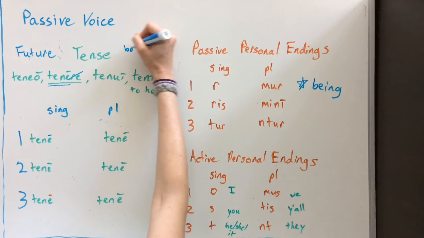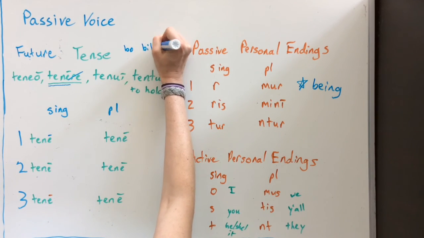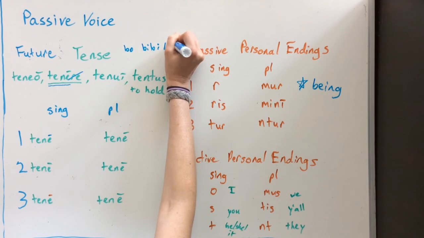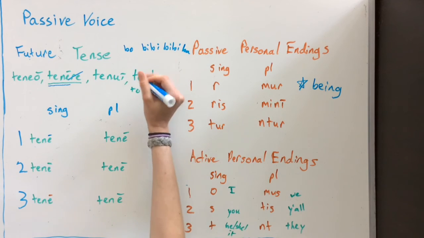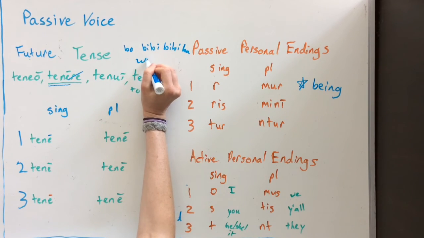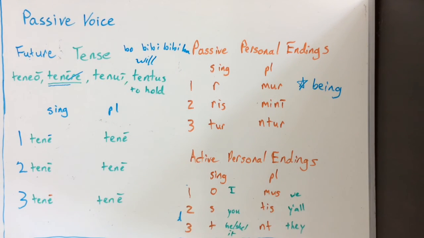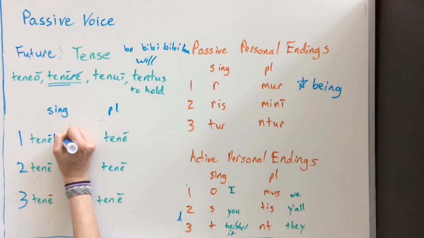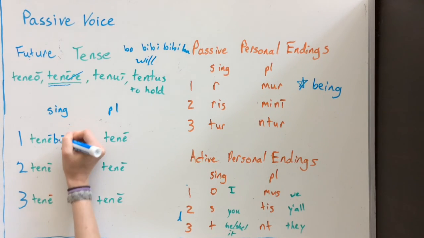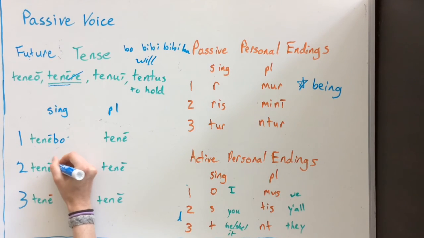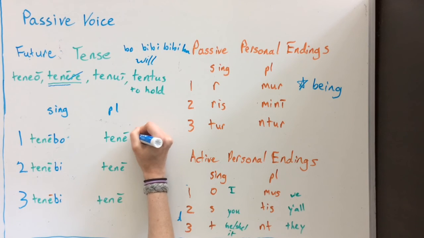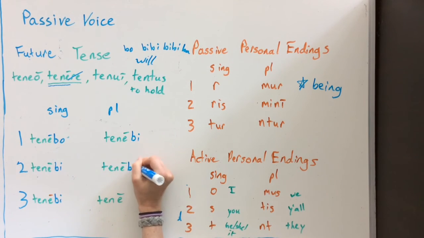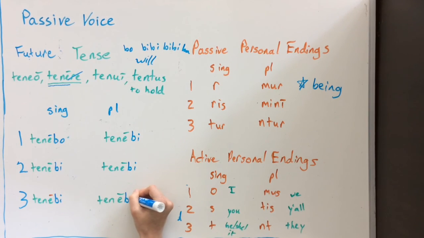That means the bo, bi, bi, bi, bi, bu infixes, and the translation will. So let's fit in those infixes. We've got bo, bi, bi, bi, bi, bu.